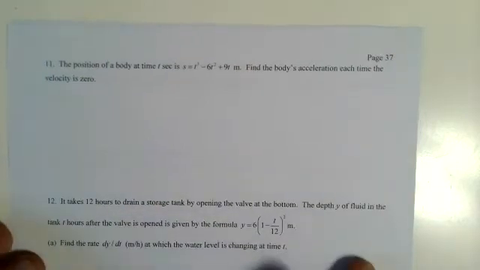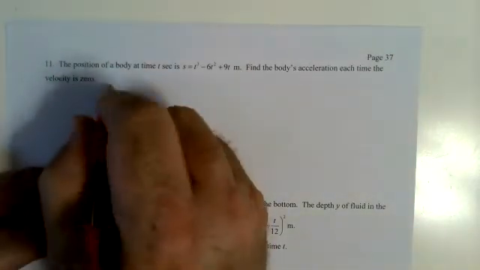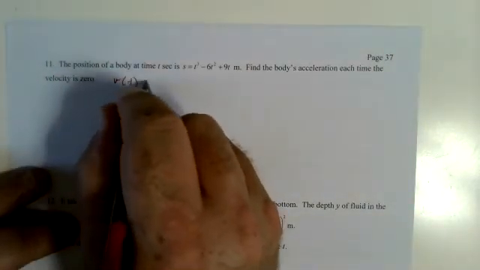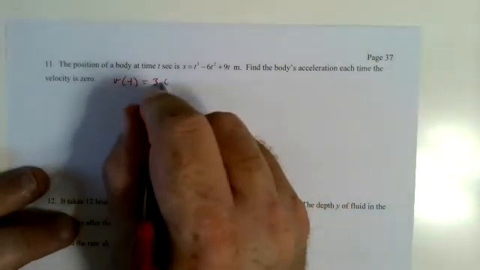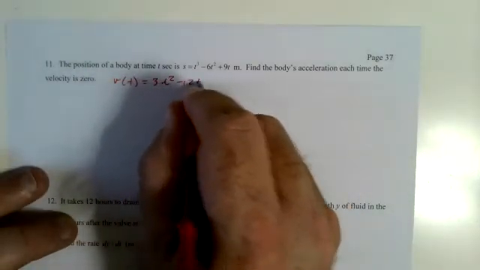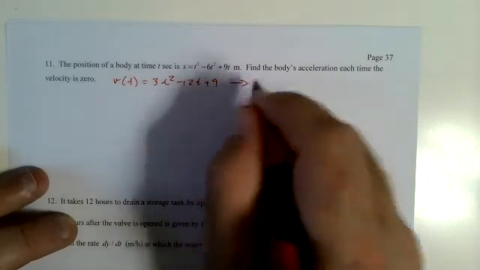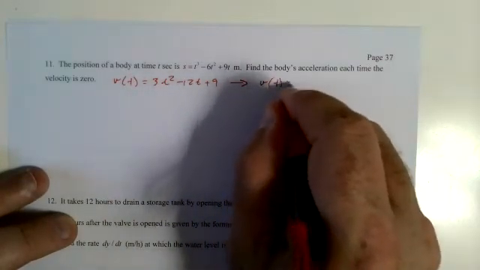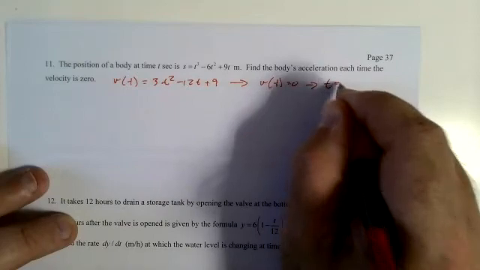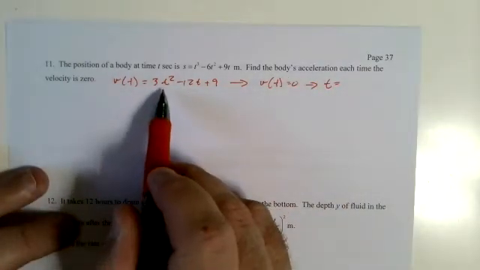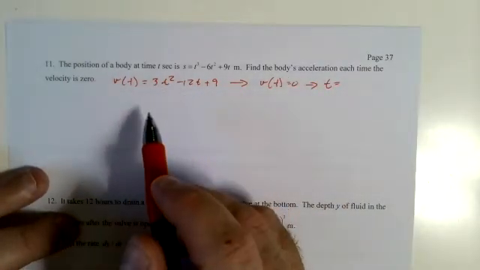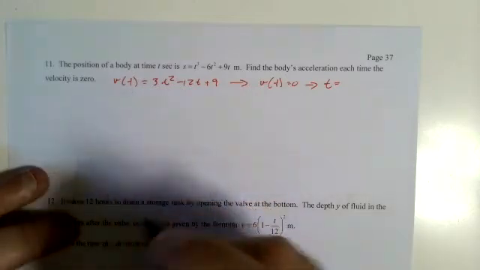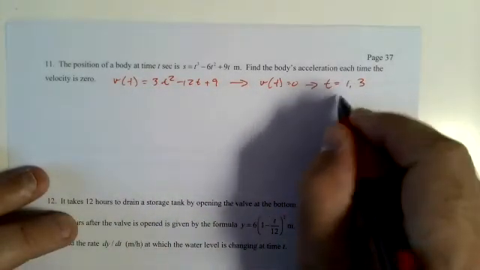Position of the body, acceleration with velocity of 0. V of t equals 3t squared minus 12t plus 9. V of t equals 0. t equals, factor out the 3. t minus 4 plus 3 is t minus 3 minus 1, so it's t equals 1, 3.